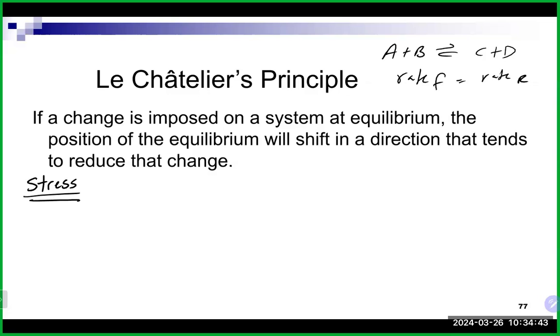But one of the nice things about equilibrium is that even if you mess it up, it's going to want to get back to that equilibrium position. You could screw it up for a short period of time, but it's going to self-correct to get back to an equilibrium condition.